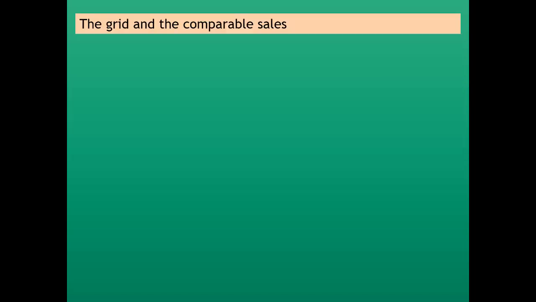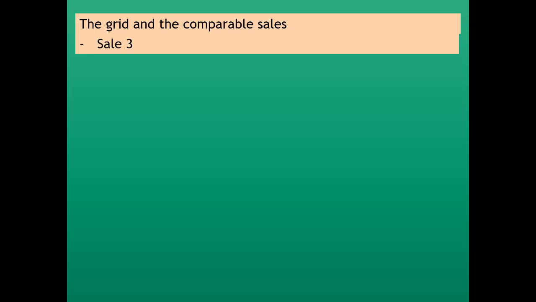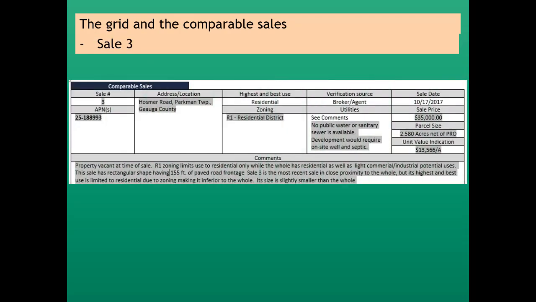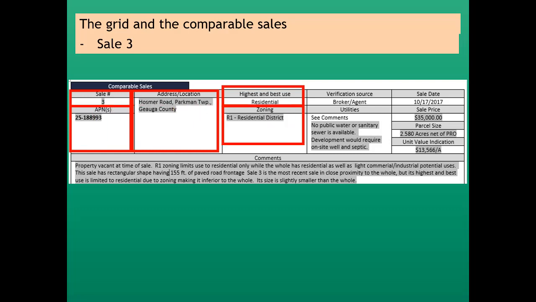All right, so now let's look at the grid and the comparable sales. First, let's start with sale 3. We've identified it as sale 3 here. There is the auditor's parcel number. Its address is Hosmer Road, Parkman Township, Geauga County. Highest and best use is residential. It's zoned R1, which is a residential district.